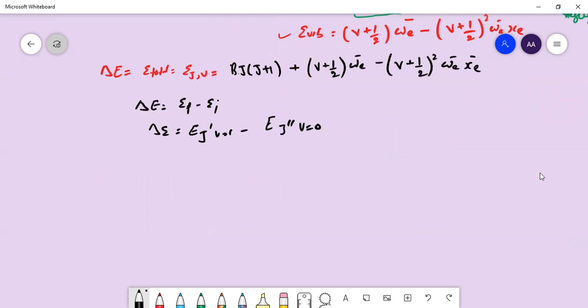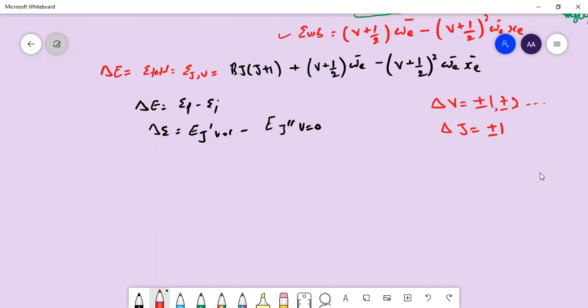The selection rule is the combination of the selection rules for the vibrational and the rotational spectrum. For a vibrational spectrum, delta V should be plus or minus 1, plus or minus 2, and so on. But for a rotating diatomic molecule, delta J should be plus or minus 1.